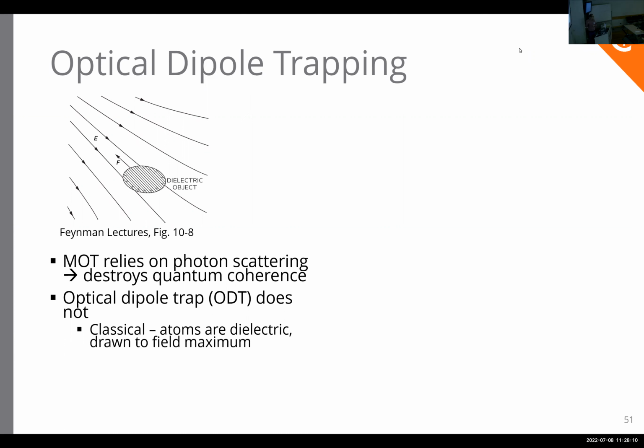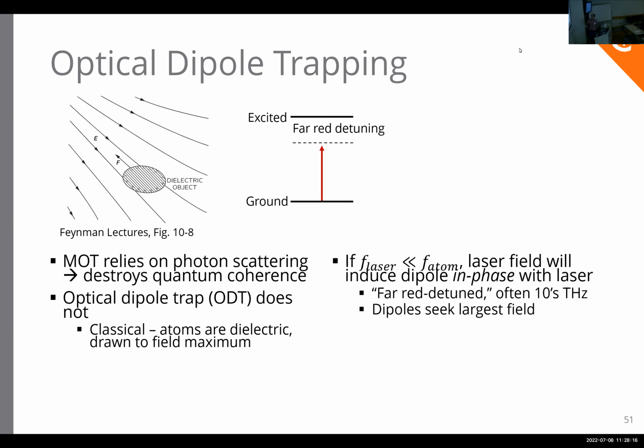Atoms are also very quantum. A blob of dielectric goo is maybe not very quantum, but an atom is very quantum, so you have to be a little more careful about how you do it. But it turns out that if you have a laser that's far red detuned, just meaning that it's very far, like 30 or 40% or something, from this transition, like tens of terahertz, a laser that's a different color, very far away from being resonant.